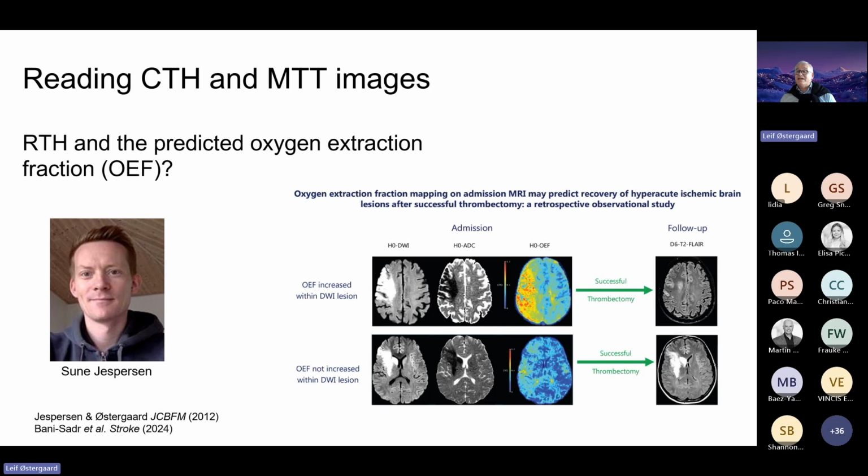But what they were able to show, and you can see in the top image, is that even though there was a huge DWI lesion, if there was high OEF, then after successful thrombectomy, that lesion went away and tissue looked normal. Whereas, as you see in the bottom, if OEF was low, then that lesion persisted.